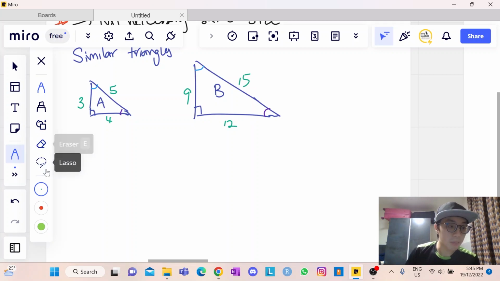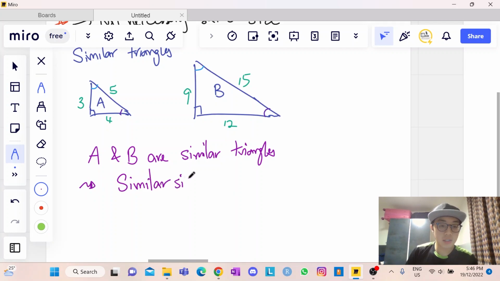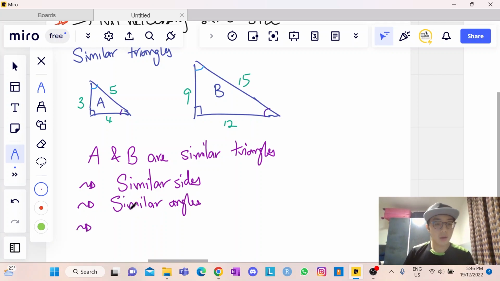When we talk about similar triangles, if we say A and B are similar triangles, then we say they have similar sides, similar angles, similar area, and last but not least, similar volume.